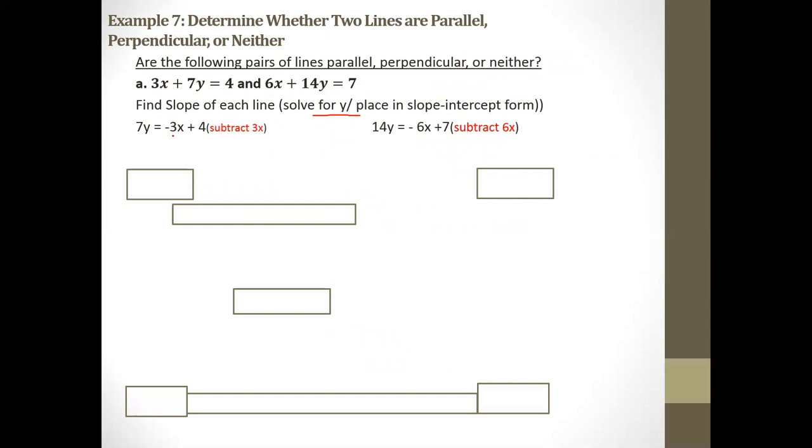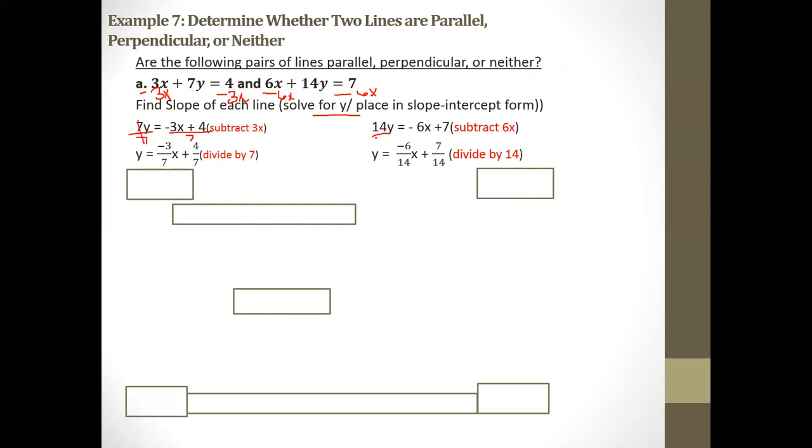For the first equation, we're going to subtract 3x from both sides of the equation first. And for the second equation, we're subtracting 6x from both sides of the equation. Afterward, we're going to divide the equation on the left side, both sides by 7.